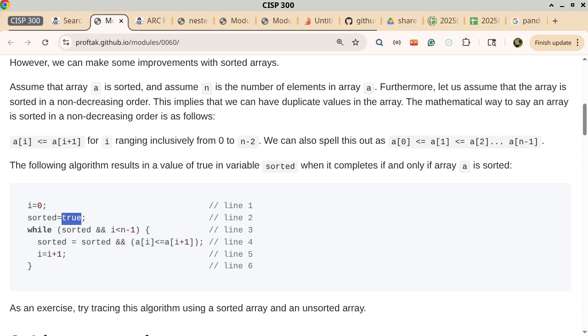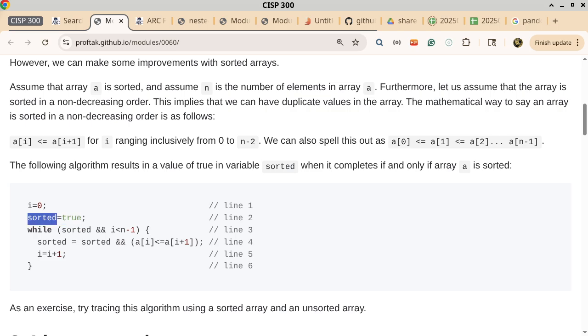But since you are all graduating to CISP 360, where they mostly focus on C++ and so much on C, which is a slightly more primitive programming language, I think it is good to understand that you can have Boolean expressions and Boolean values. So true is really just a Boolean value. It is of a different type compared to integers, but nonetheless, it is just specifying a value.